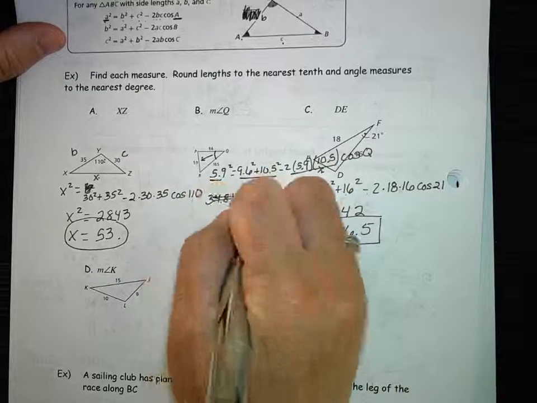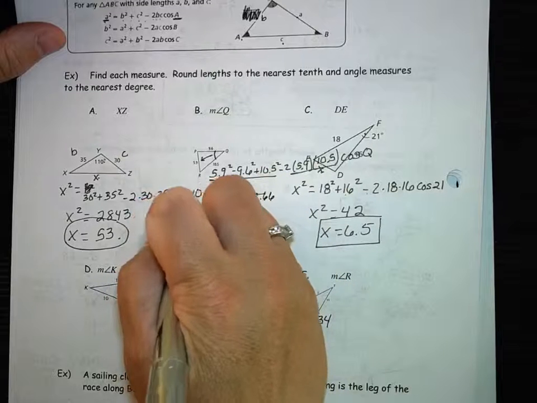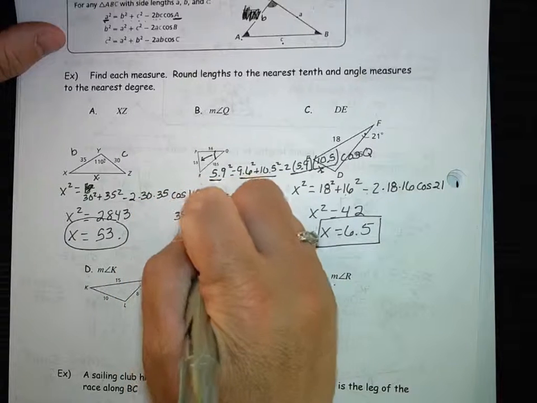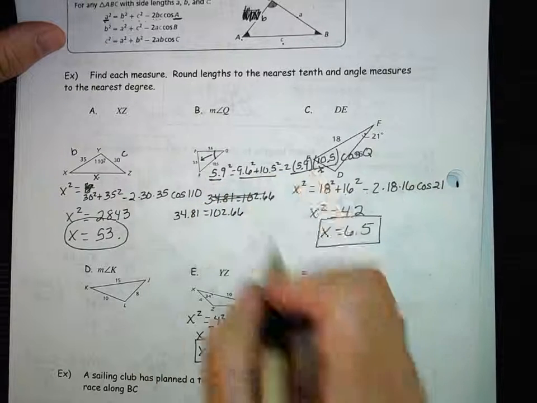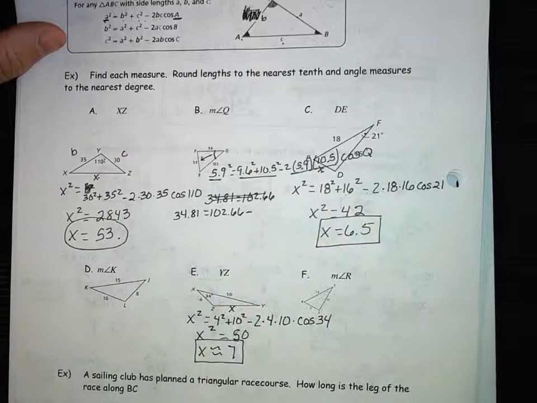All right, I'm going to rewrite this because I'm running out of room. 34.81 equals 102.66 minus 2 times 5.9 times 10.5.